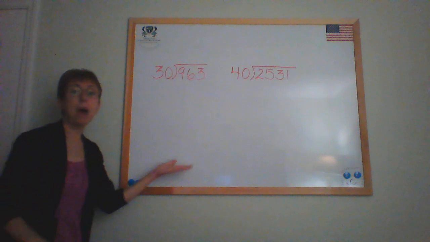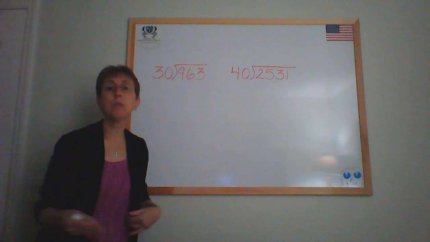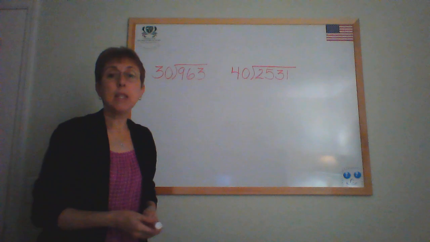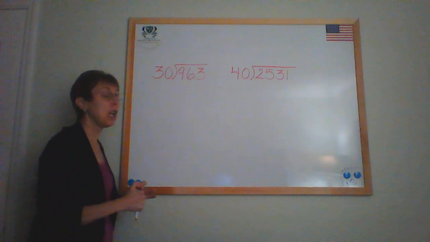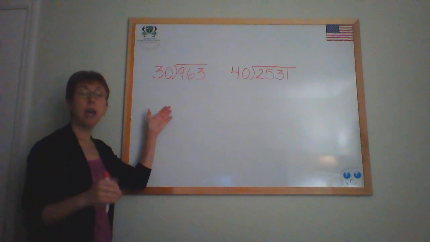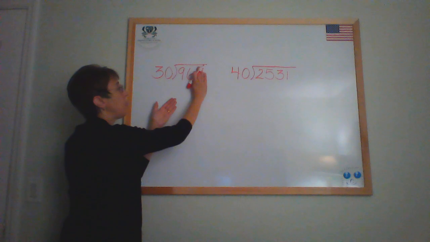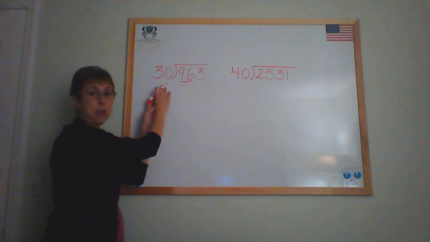So that takes us back to our basic facts where we say, okay, 3 times what comes close to 9 without going over? Well, in this case, 3 times 3 equals exactly 9. So we know that we can use that to help us with the larger problem, which is actually 96 divided by 30.